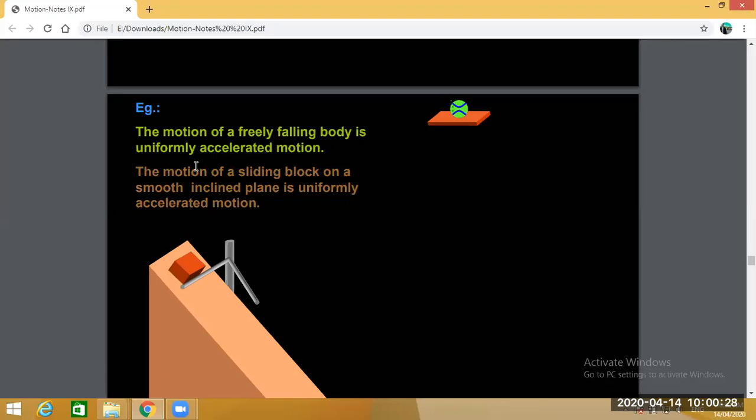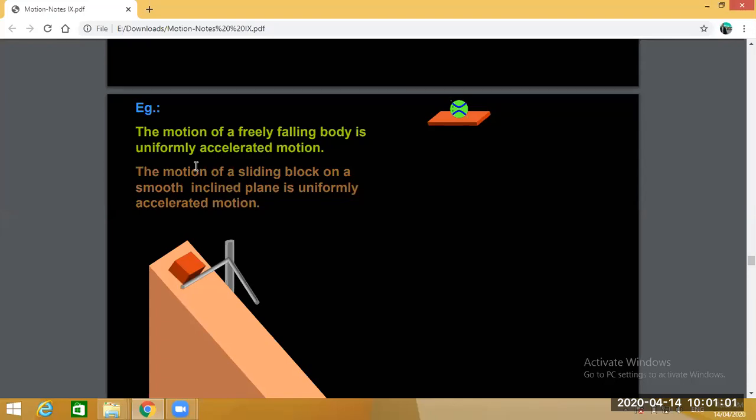And if you throw a ball from the ground in the upward direction, what do you see? While throwing the ball, you impart the maximum velocity to the ball. Just before leaving your hand, the ball travels with maximum velocity. But as soon as the ball moves up and up, its velocity goes on decreasing, and at the top, where it comes to rest momentarily, its velocity becomes zero. In this case, the initial velocity was maximum and at the top the final velocity was 0.